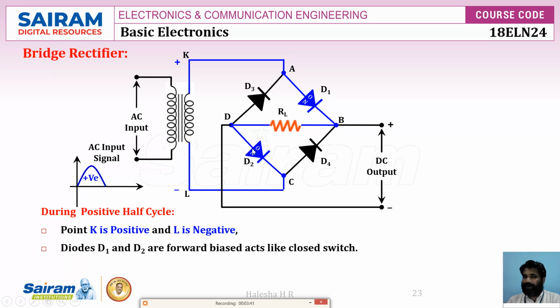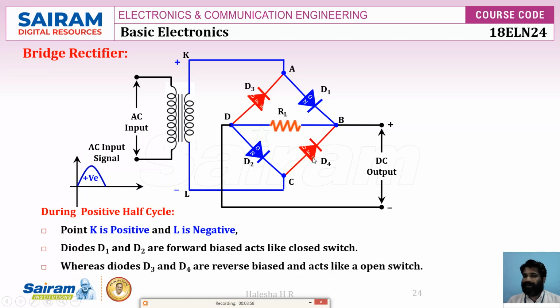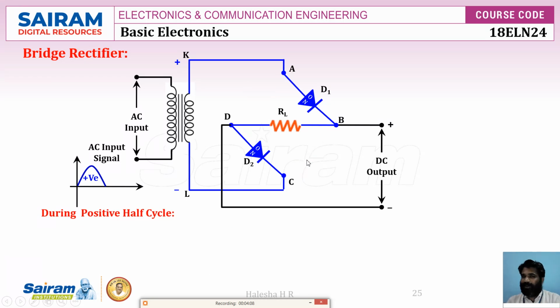The positive voltage is connected to D2 also, and the negative voltage, that is L, is connected to the cathode of D2. So D1 and D2 are forward biased. D4 and D3 are reverse biased, because to the cathode positive is connected and to the anode negative is connected, hence they are off.